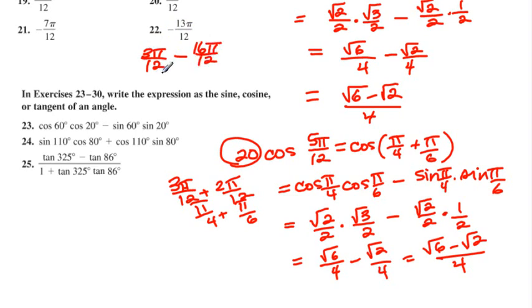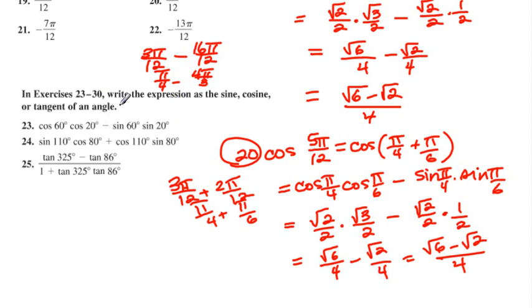Well, 3 pi over 12 is the same thing as pi over 4 minus, if I reduce 16 pi over 12, I get that to be 4 pi over 3. And those are all angles on the unit circle that I could then apply the sum or difference formulas to get the result that I need for the exact trig values for this angle.